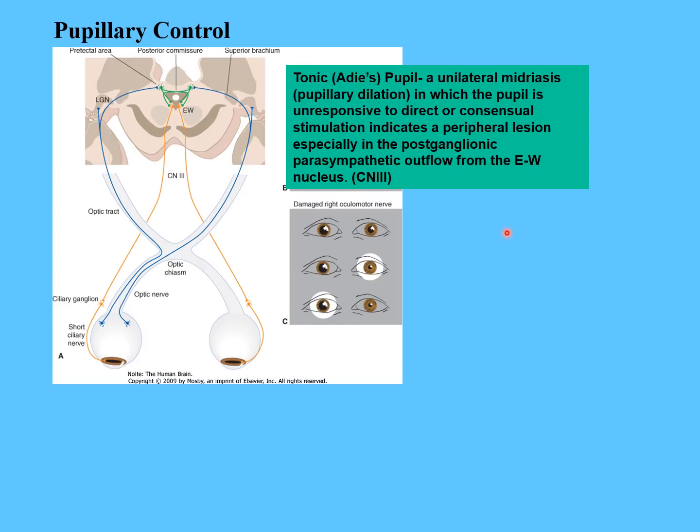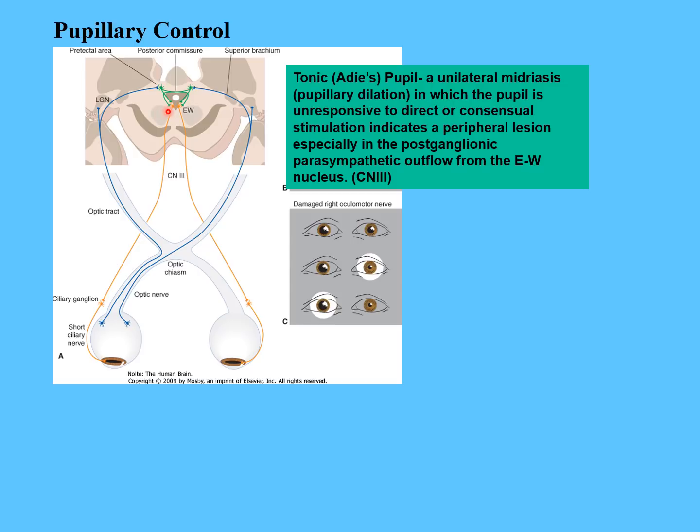A tonic pupil is what we see here. This is a tonic pupil in this eye, a unilateral mydriasis, or pupillary dilatation, in which the pupil is unresponsive to direct or consensual stimulation. It tells us that there's a peripheral lesion in the outflow from the Edinger-Westphal nucleus, cranial nerve 3.